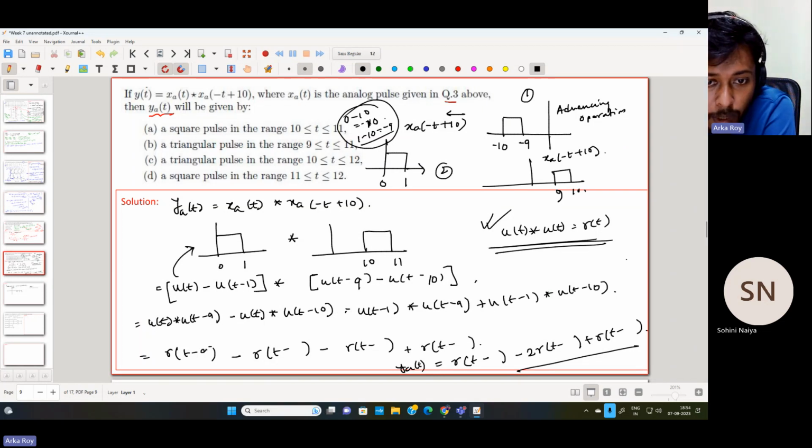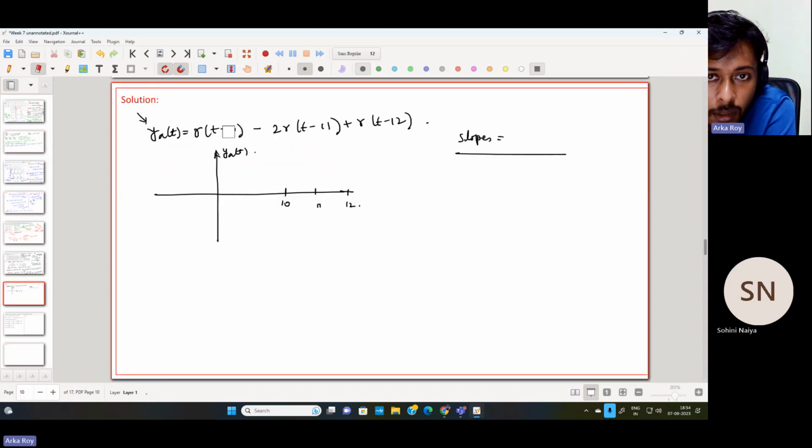So I can write it as u(t minus 9), then u(t minus 10), then r(t minus 9), r(t minus 10). Again, this will give you r(t minus 10), and at this particular position, it will give you r(t minus 11). So if I combine all these results, I will get r(t minus 9), r(t minus 10), and r(t minus 11).